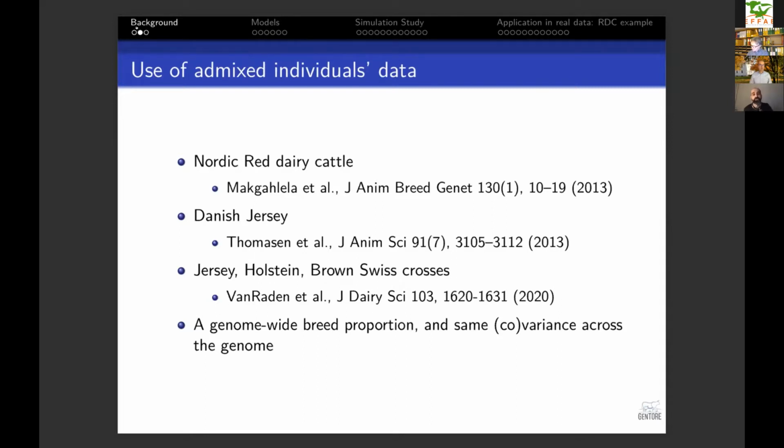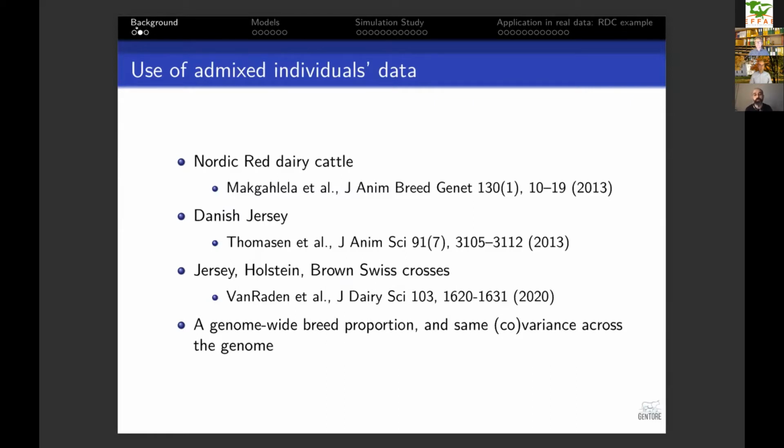A recent study from the US also uses crossbred information. They basically estimate breeding values for each population and then weight these breeding values with the breed proportions.